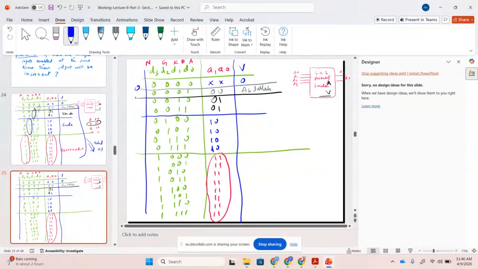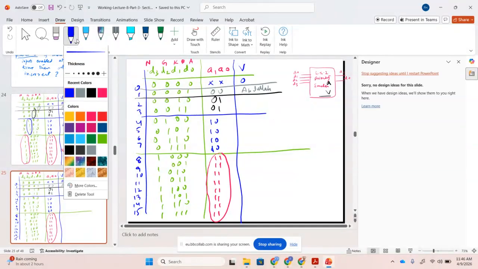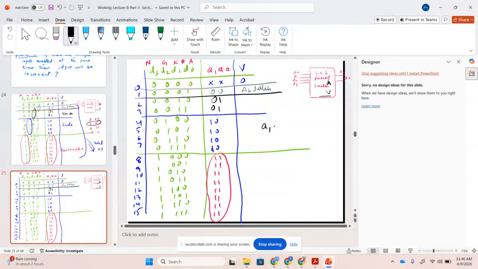So what will be the binary? It is 0, 1, 2, 3, 4, 5, 6, 7, 8, 9, 10, 11, 12, 13, 14, and 15. Now let's do A1. So this is my A1. A1 is now sigma m of what? Can you help me? What is A1 now?